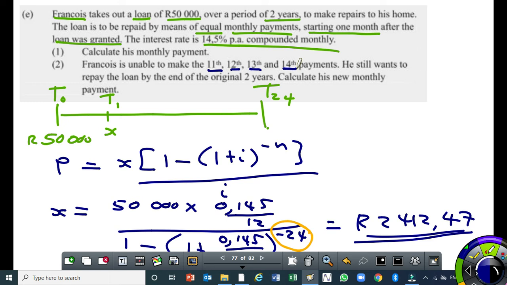That amount accumulates interest based on this formula which I told you in the morning, A equal to P times 1 plus I raised to the power of n. So we need to know what amount the person is now owing after making 10 payments out of the 24.